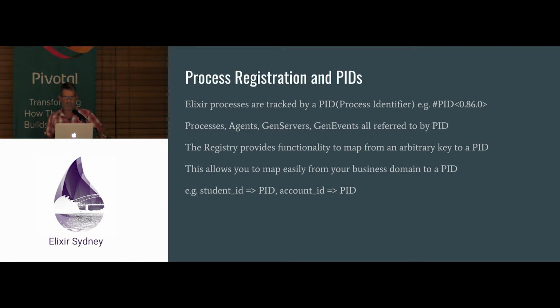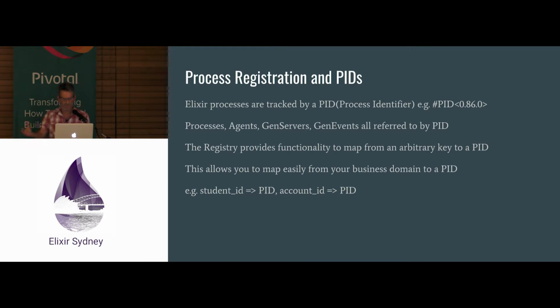You can refer to these PIDs, but passing them around, they don't really tell you much about what your object is, and you've got to have all these strange PIDs that you're passing around, and there's some other problems with them in that they can change. So the registry provides functionality to map from an arbitrary key or value that you provide to a process.